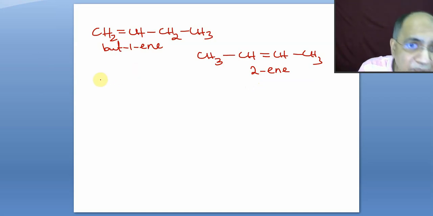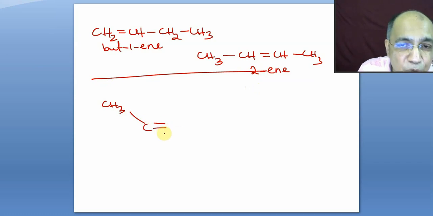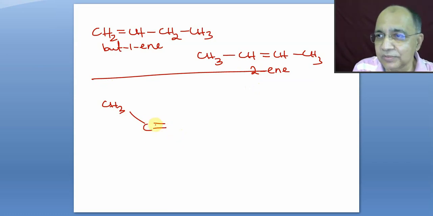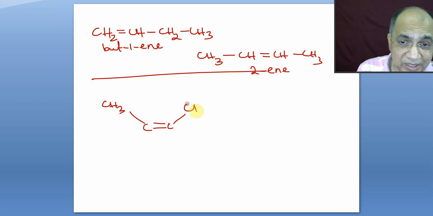But what about stereoisomers? Supposing but-2-ene. You cannot just say but-2-ene, everybody will laugh at you. But-2-ene exists in two geometrical forms, two diastereoisomeric forms. One is the cis but-2-ene and the other one is the trans.